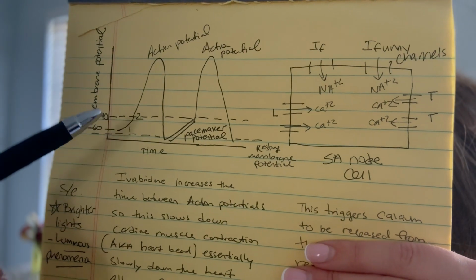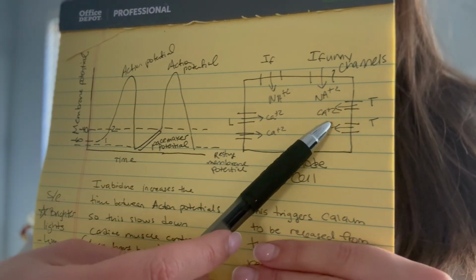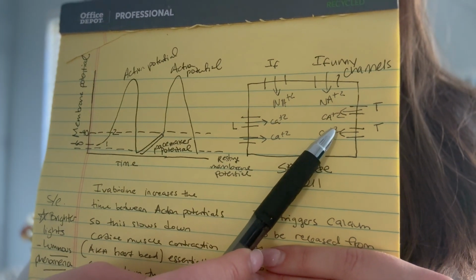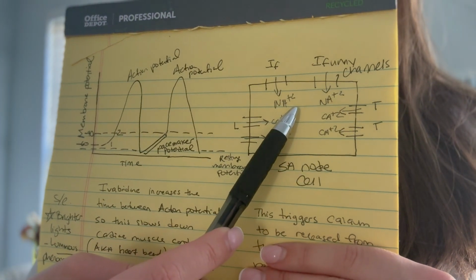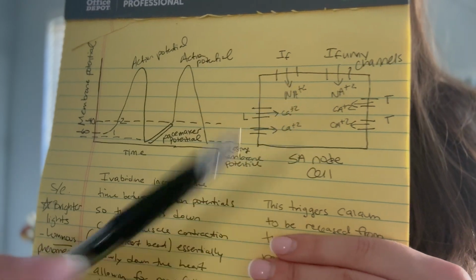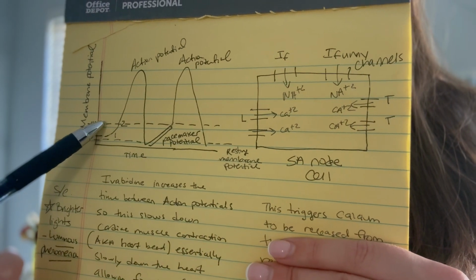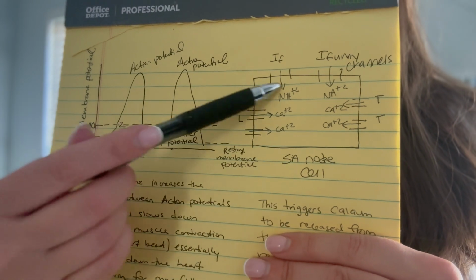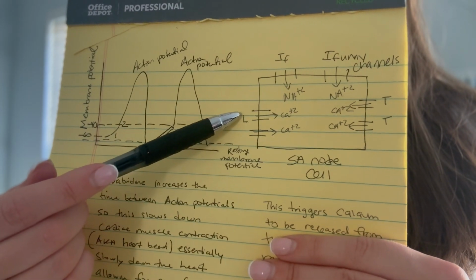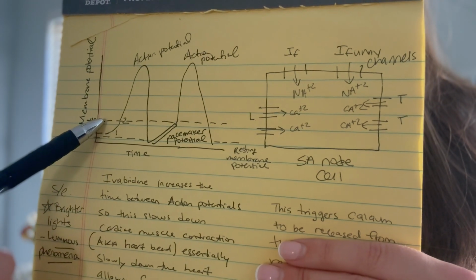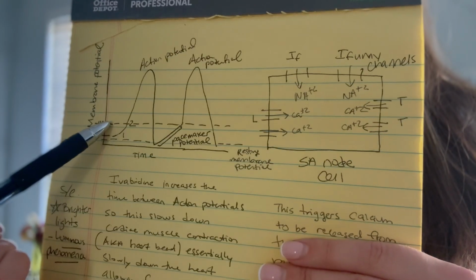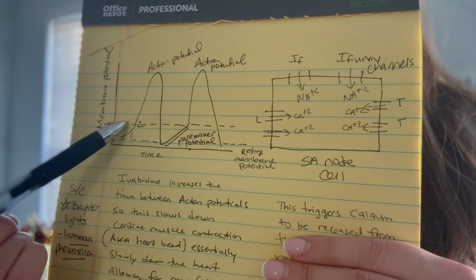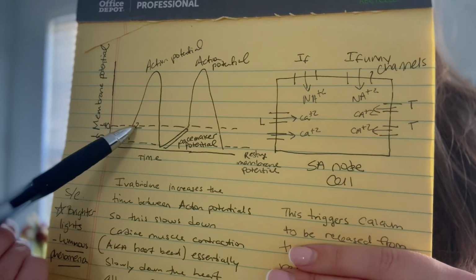This triggers your T calcium channels to open, and calcium flows into the SA node. This causes it to become slightly more positive, which then triggers the final channel, the L calcium channel, to open, and that finally causes your cell membrane to reach its threshold.